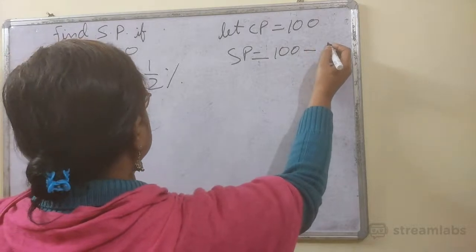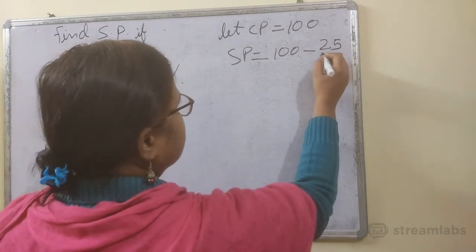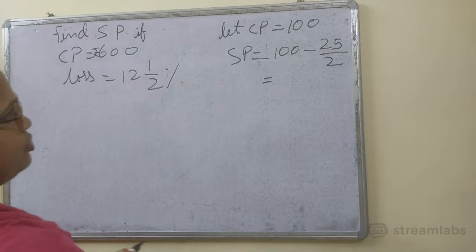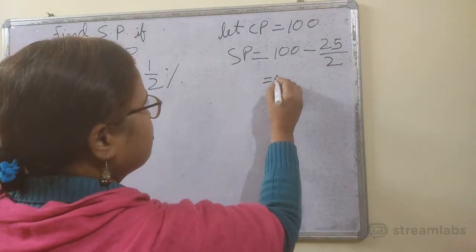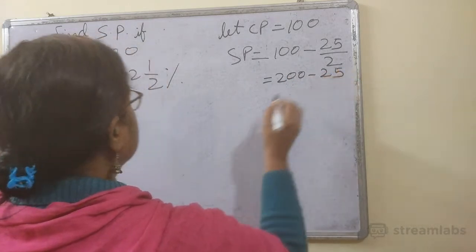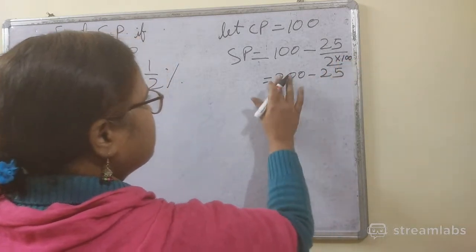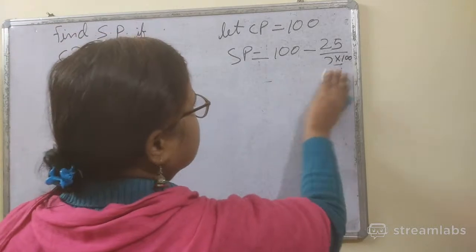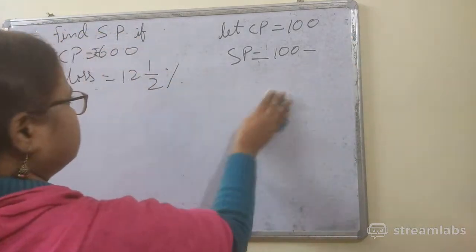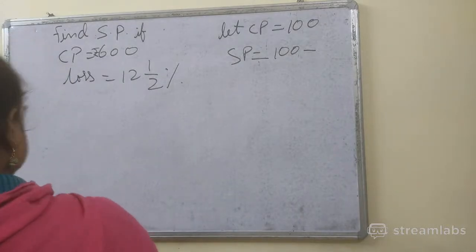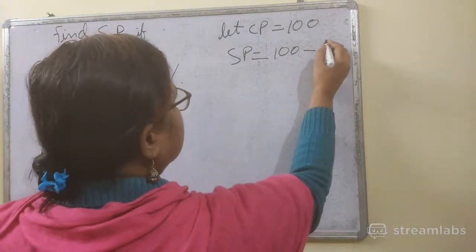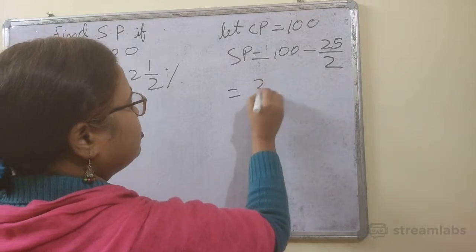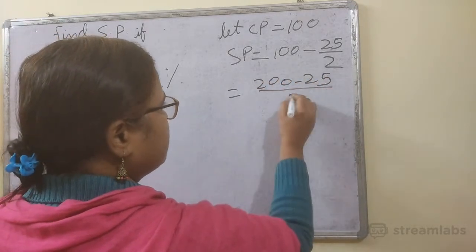So this is 25 by 2. Here we will subtract, so 200 minus 25 by 2, with 100 written here.